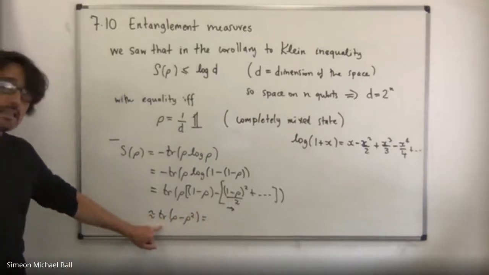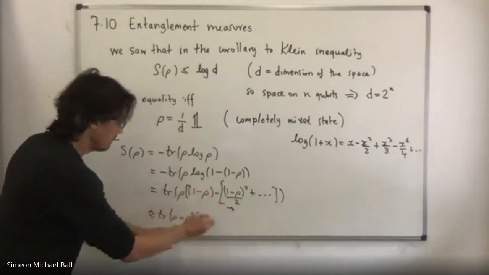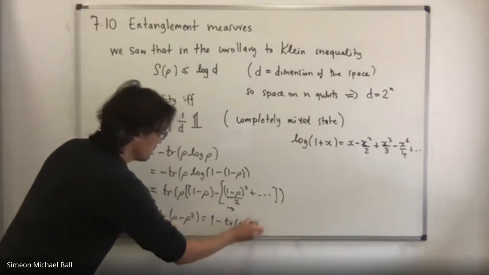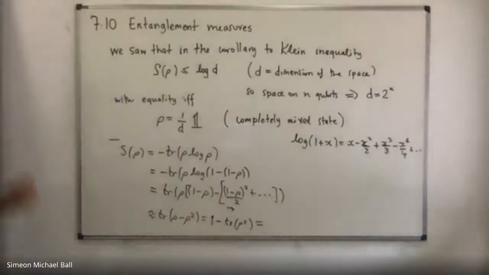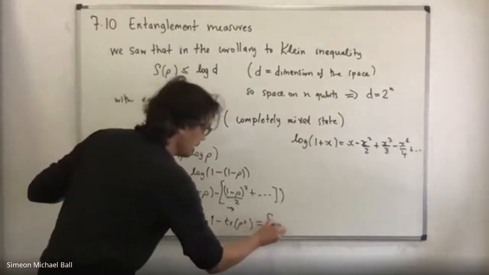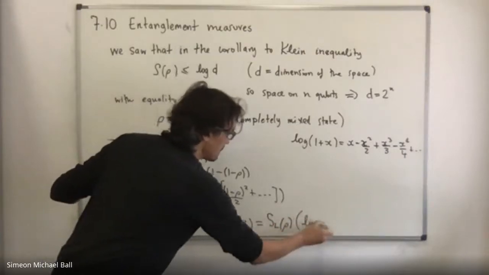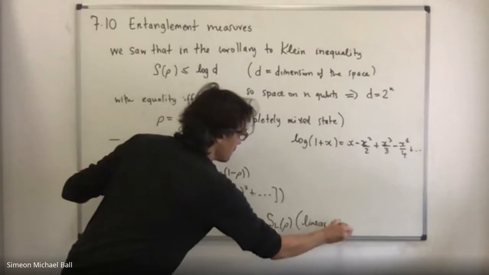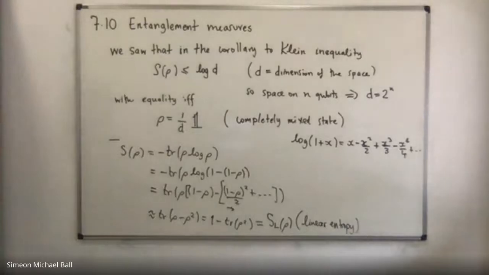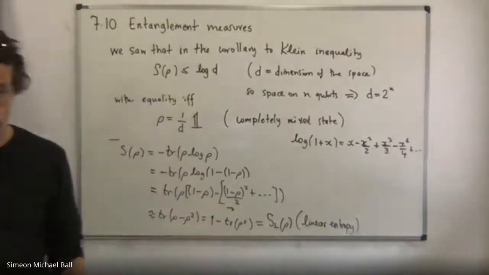Since the trace is linear and the trace of rho is 1, we get 1 minus the trace of rho squared. This is the rough approximation of the entropy, and it is called the linear entropy, which we're going to denote like this. The linear entropy is much easier to calculate because we just have to square rho and then take the trace.